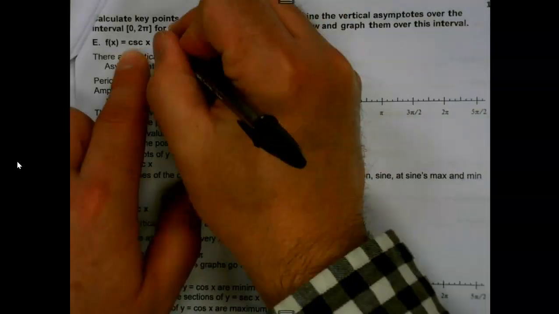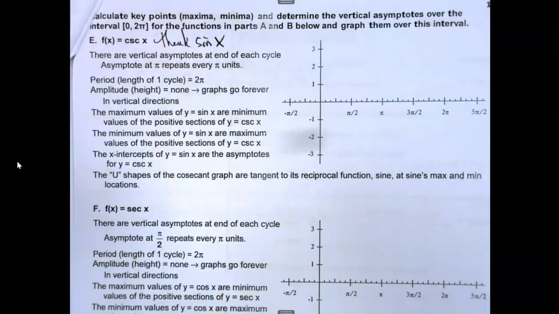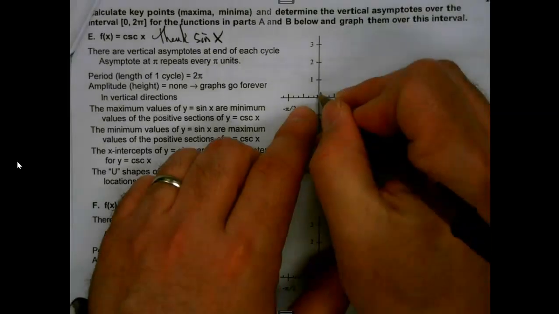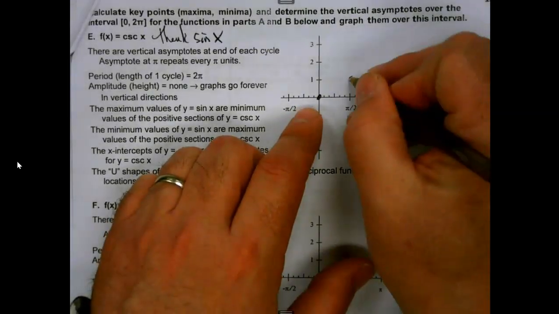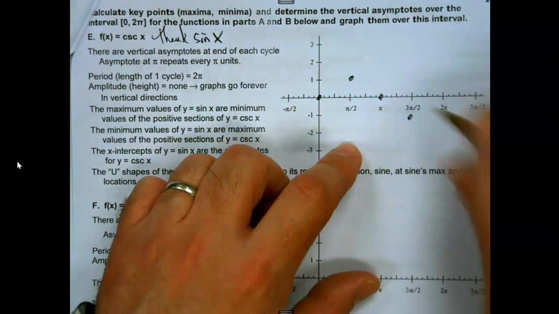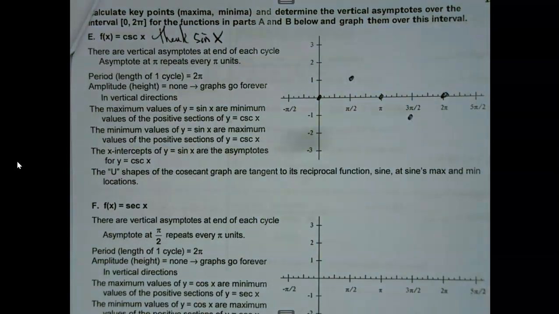Sine. So, okay, so we're going to think sine of x. So if this was sine of x, we'd go through and we're like, okay, so sine is 0, 1, 0, -1, 0. We'll just start with those. We won't put the extras in yet.